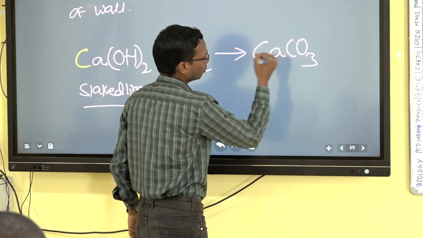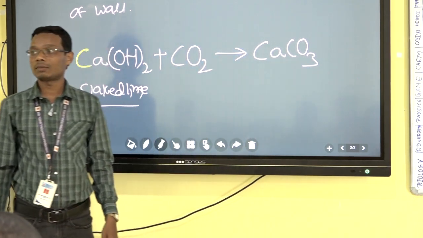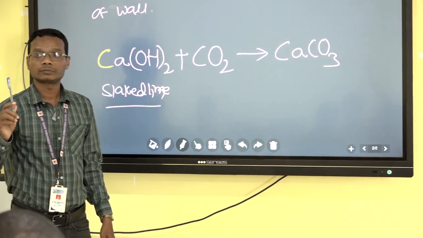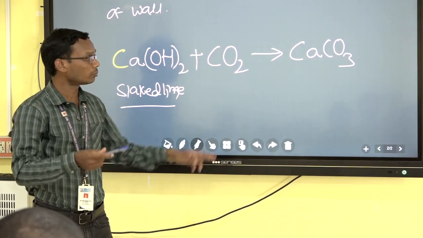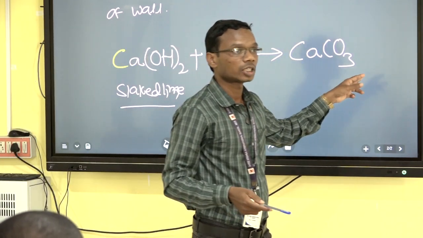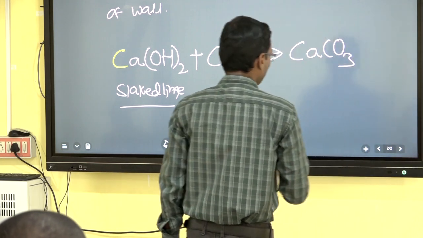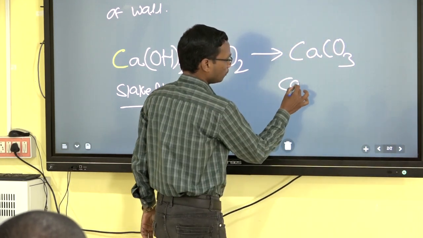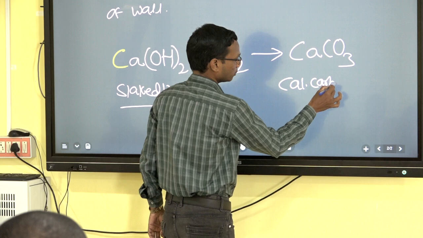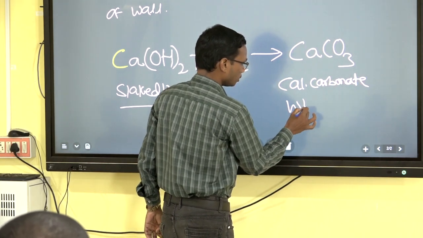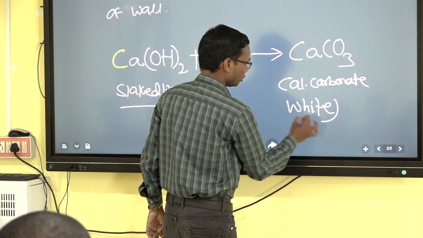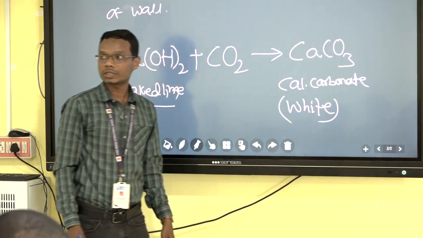Who can say the name of this compound? Raise your hand. Calcium carbonate. Good. The name of this compound is calcium carbonate, and you know calcium carbonate is white in color.